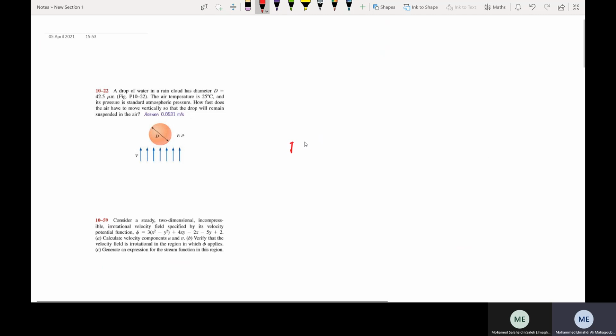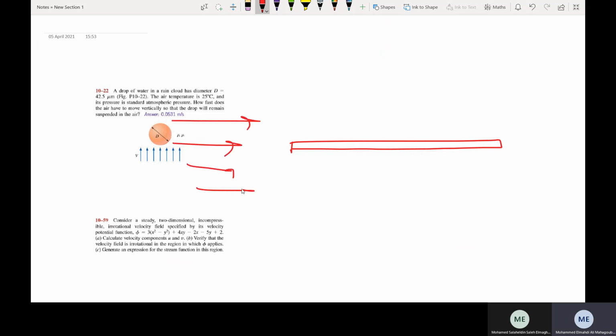But for the boundary layer, just as an introduction, let's say that this is a bar, or a plate, and we have external flow here. In this region, where the flow is developing, you have a shape like that. This is called the boundary layer.